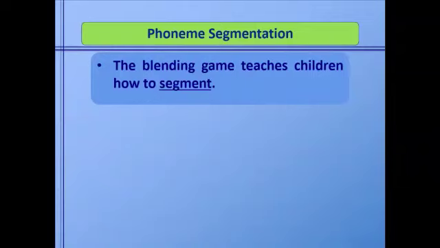The main reason I'm playing the blending game is because I want to teach children how to segment. The entire time that I am giving Veronica and Thomas and Charles 3 sounds, d, a, g, and they're blending the sounds to guess the picture, I am modeling for their brain the pulling apart of spoken words into their individual phonemes, called phoneme segmentation.